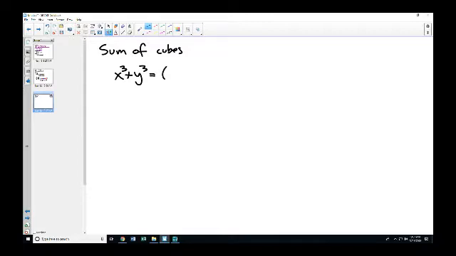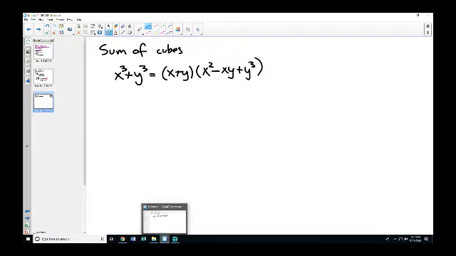Okay, first term matches, and the second term just has one minus in it. Do that y squared at the end. What did I write? Y cubed.